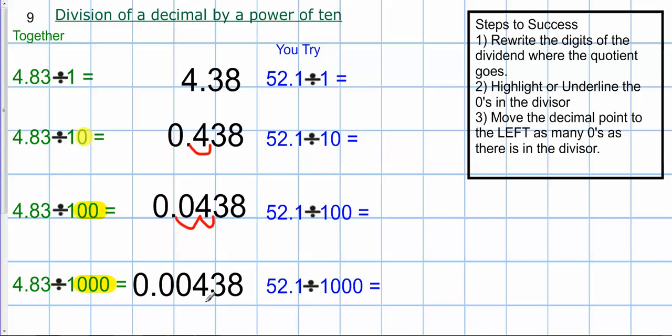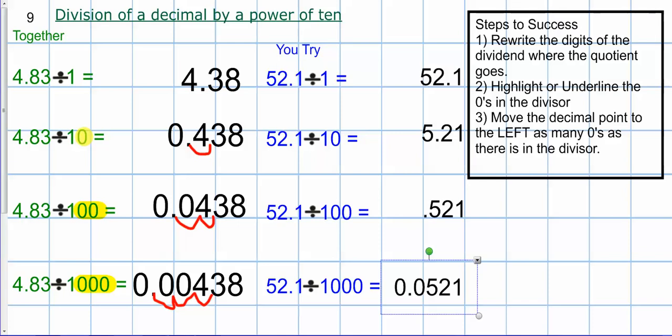As you can see, I'm drawing my loops, just so we can get a better idea. Now I want you to give the video a pause, and try this side over here. Again, I lined up all the 1s along this line, and you can see the pattern: 52 and 1 tenth, 5 and 21 hundredths, 521 thousandths, and 521 ten thousandths. If I add a 0, I just move it one place to the left.